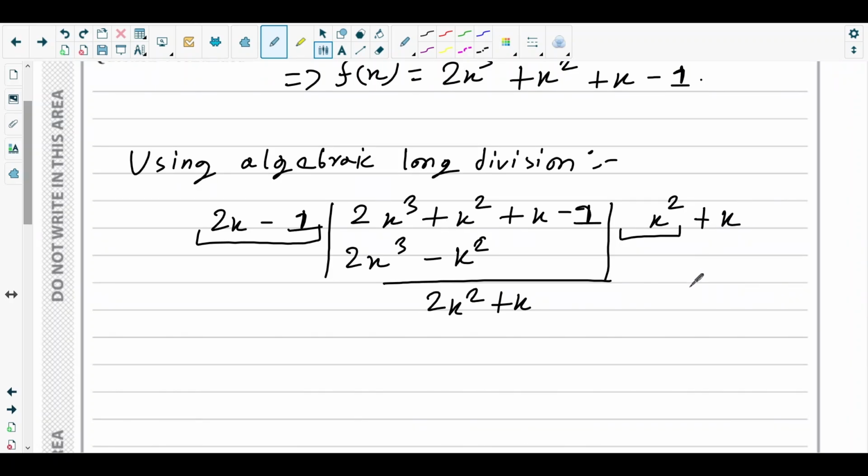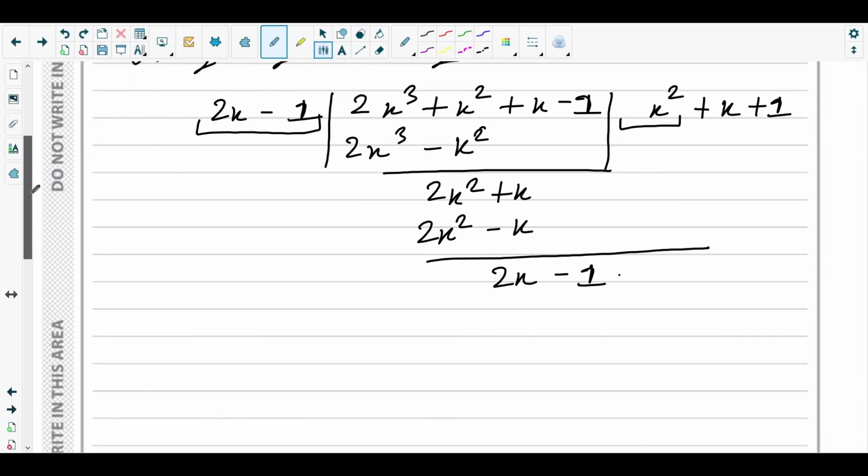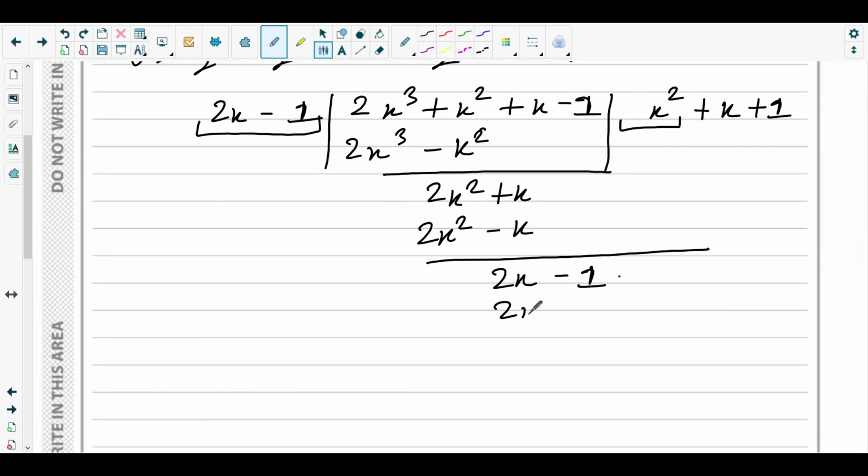Plus x times 2x gives 2x squared, then x times negative 1 is negative x. So we will have 2x minus 1, and at last plus 1 there. 1 times 2x minus 1 is 2x minus 1, so the remainder is 0.